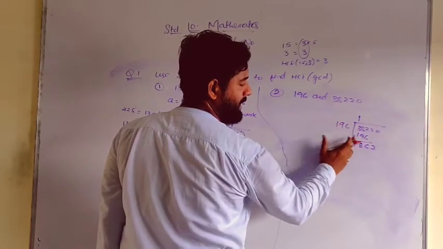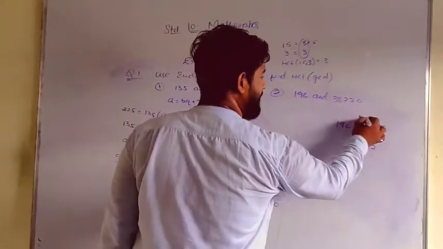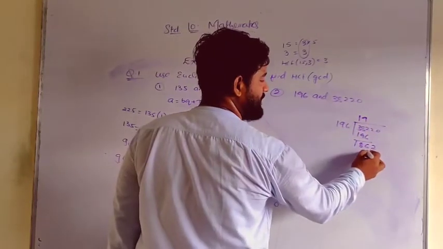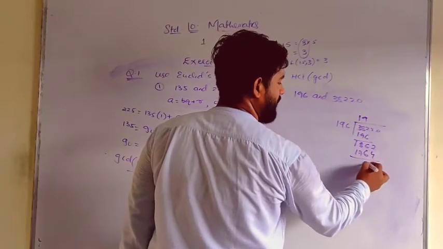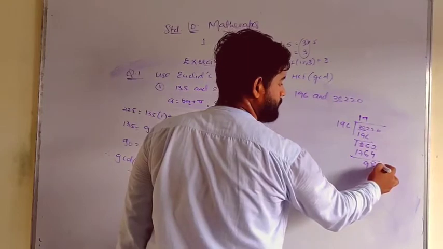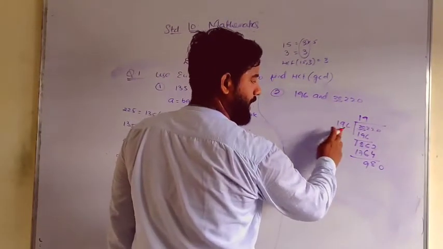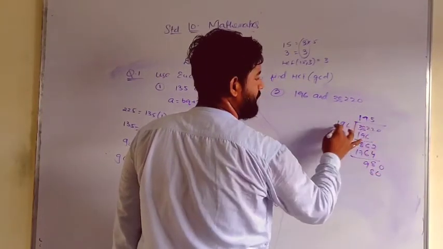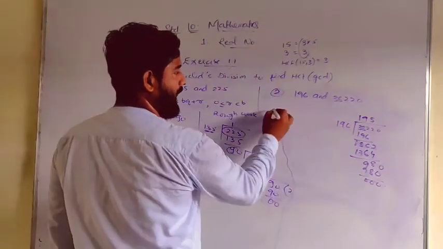Read the table of 19 nearest to 186. 19 nines are 171, so 9 will come. 9 sixes are 54, 9 nines are 81, 81 plus 5 is 86, and 9 ones are 9, 9 plus 8 is 17. Then 5 sixes are 30, 5 nines are 45, 45 plus 4 is 49, and the remainder you get is 0.